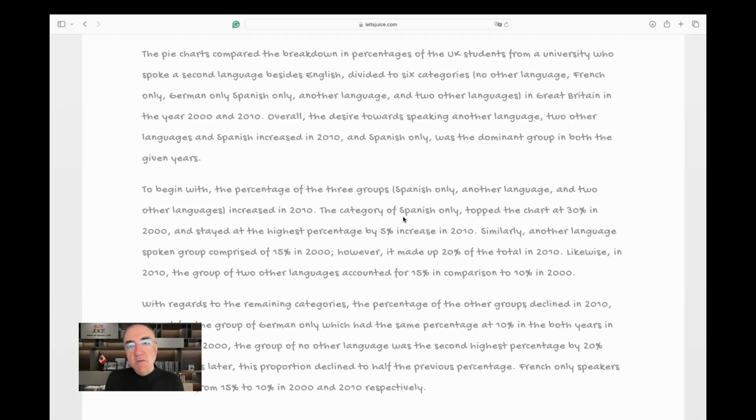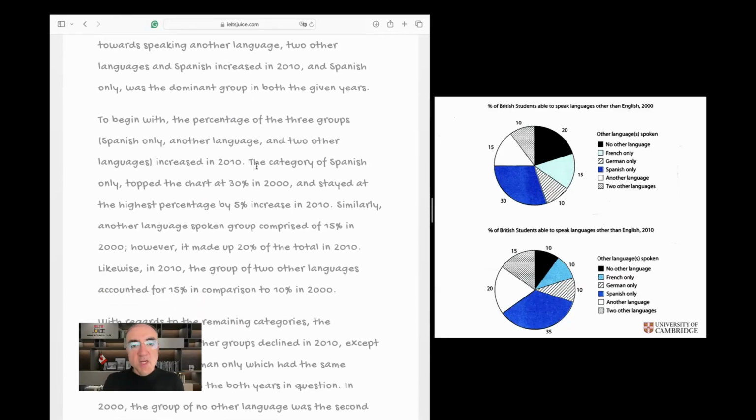The category of Spanish only, this is the subject. There must be no punctuation marks between the subject and the verb. Topped the chart at 30%. Okay, we started looking at numbers. I need to check the validity, so let's have the chart here. The category of Spanish only topped the chart at 30% in 2000.